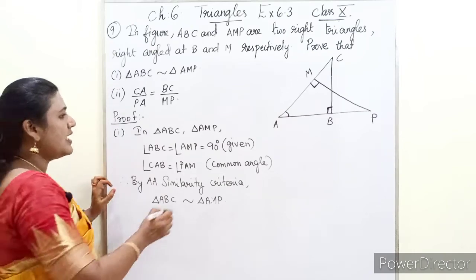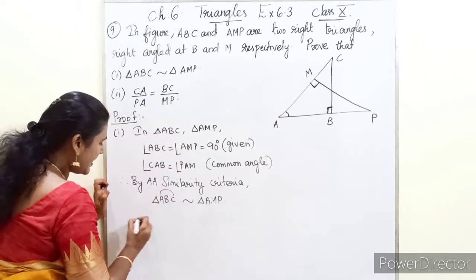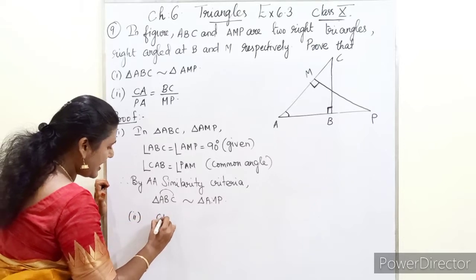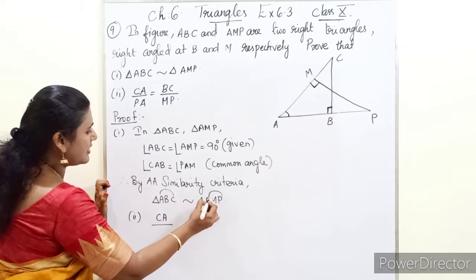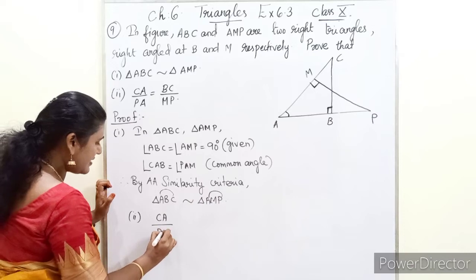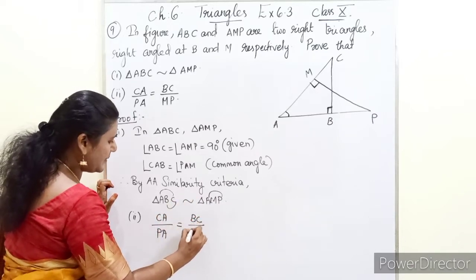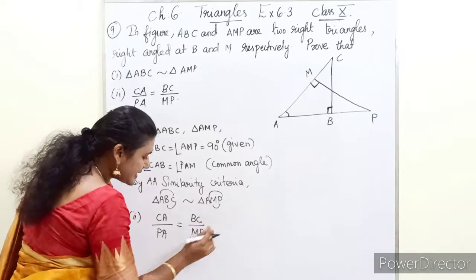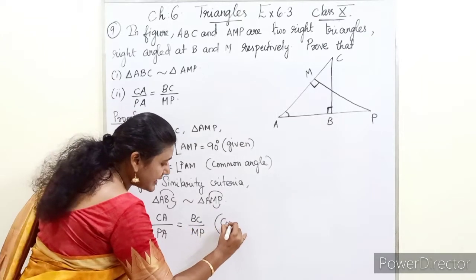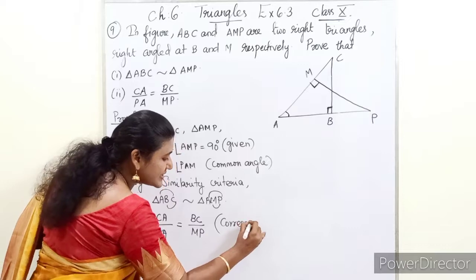If you see this second part is actually we have CA by PA is equal to BC by MP. Actually this ratio is nothing but the corresponding parts of similar triangle.